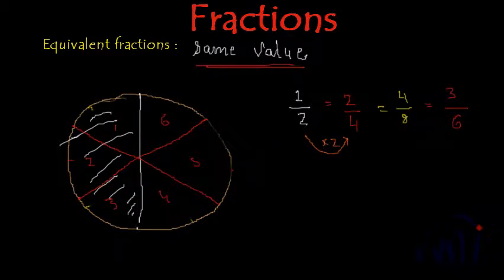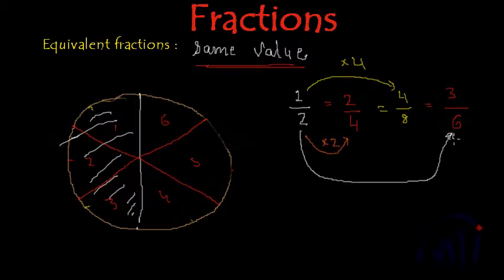Right? And similarly, from here we can reach here if we multiply both numerator and denominator by 4. And from here we can reach this fraction if we multiply both numerator and denominator by 3.